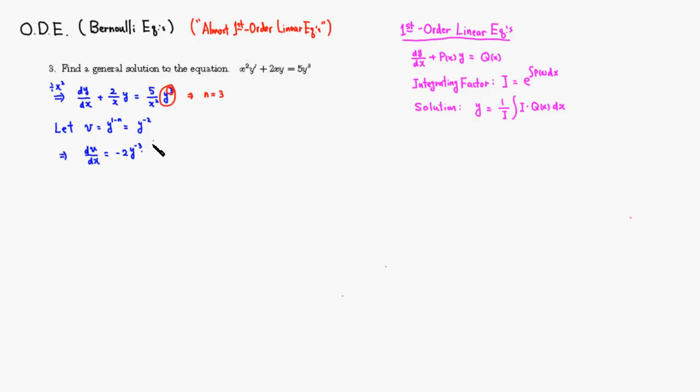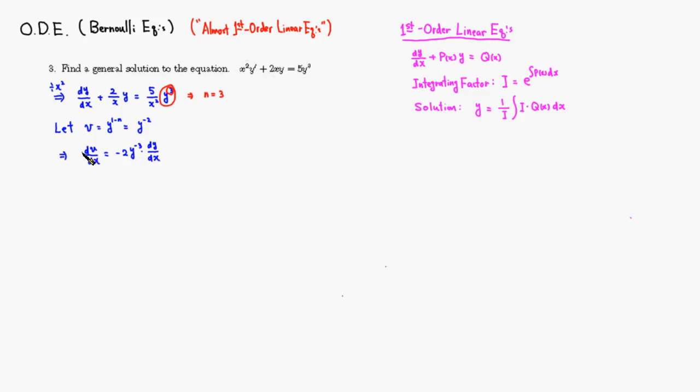Then we still have to multiply by dy over dx. This is just the chain rule. So if we have negative 2 y to the negative 3 times dy over dx, we can rewrite that as dv over dx.